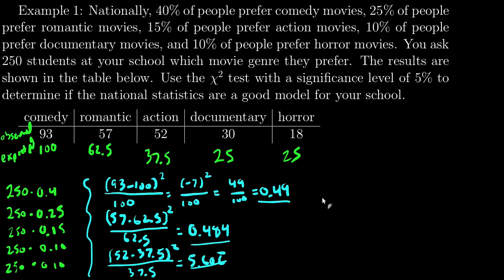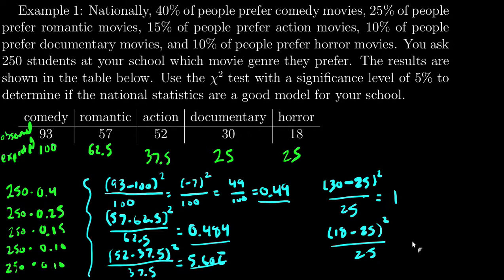When I do 30 minus 25 squared divided by 25, I get 1. And when I do, finally, 18 minus 25 squared divided by 25, I get 1.96. So these are all of the values where I did observed minus expected, squared divided by expected. And now I'm going to add these up.